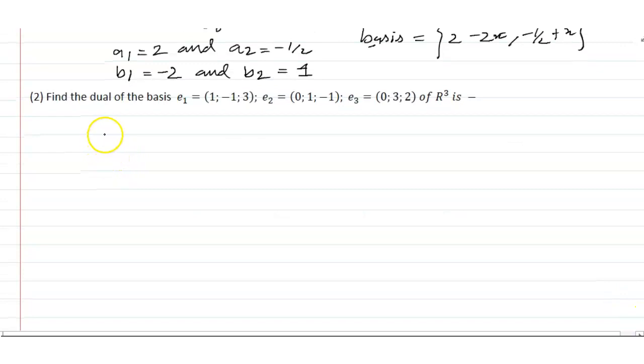Now let's try to solve another problem: find the dual of the basis E1 equals (1, minus 1, 3), E2 equals (0, 1, minus 1), E3 equals (0, 3, 2) of R cube.